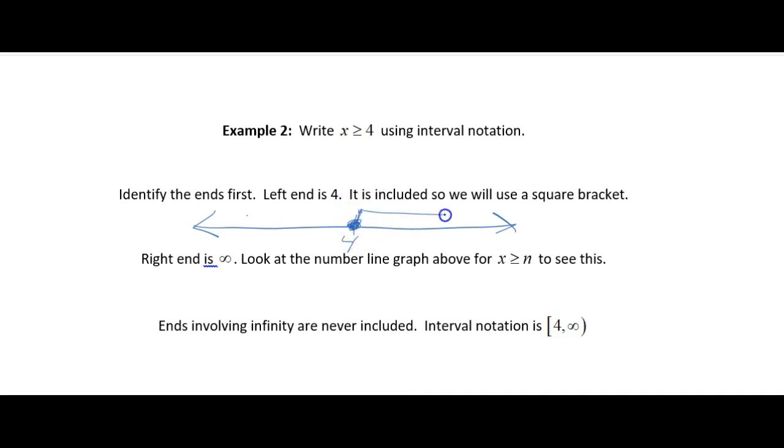So if 4 is on the left, my x's must be to the right of that. And out here on the other end, the value would be infinity. So I get the left end is 4, the right end is infinity. I put a square bracket for the 4 and a round parenthesis for the infinity, because infinity is not included, but the equal sign shows us the 4 is.